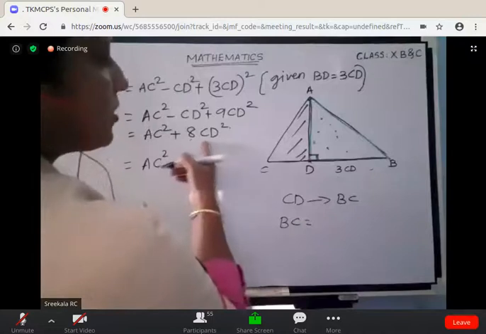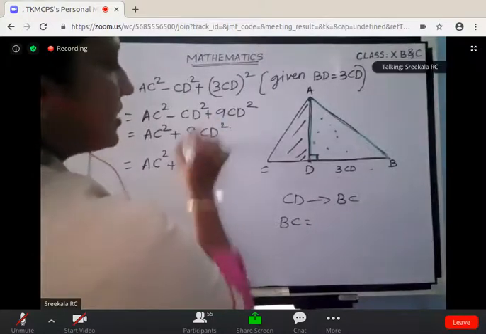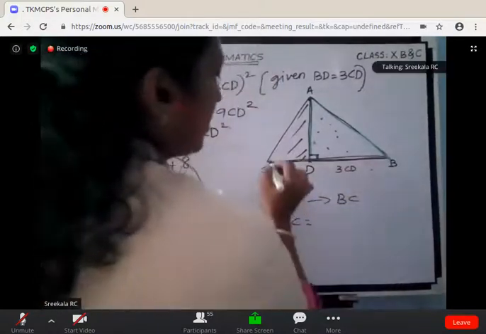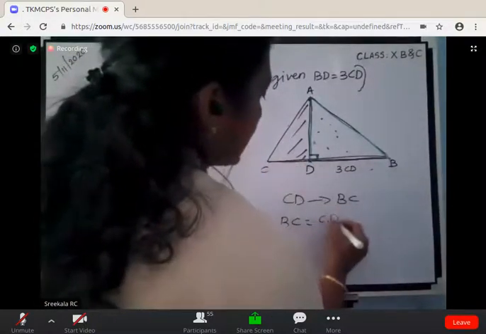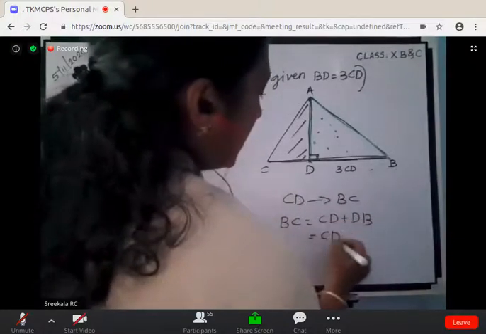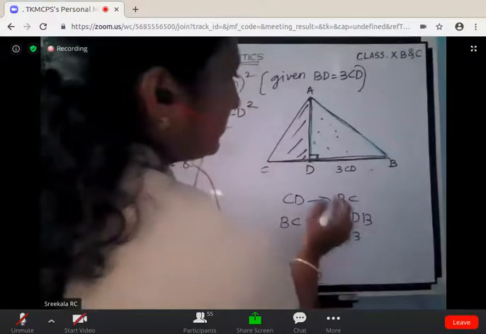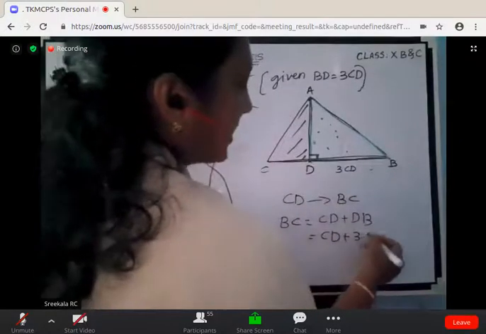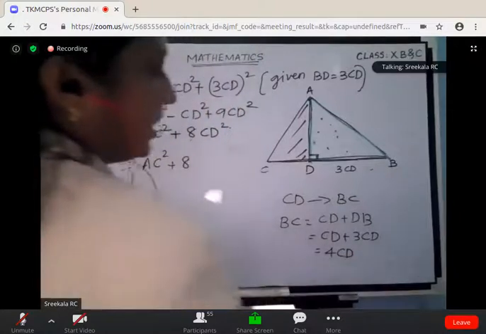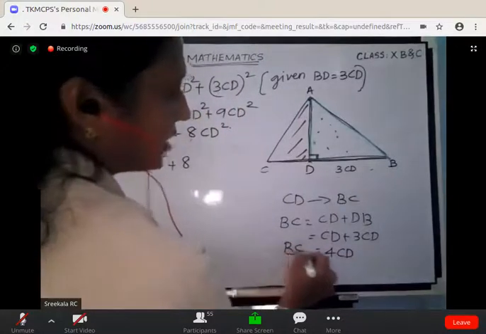In that proof there is no CD, so we have to change this CD to BC. So BC equal to CD plus DB, isn't it? So BC equal to CD plus DB, and DB or BD is 3CD. So BC means 4CD. So BC is equal to 4CD.